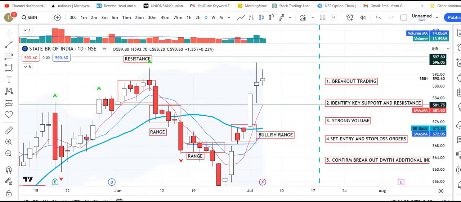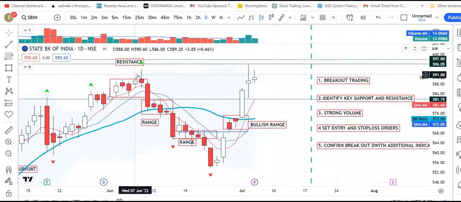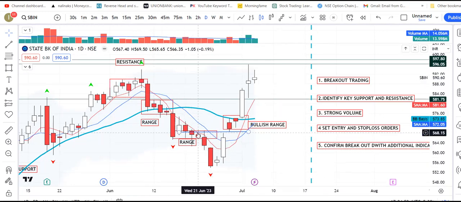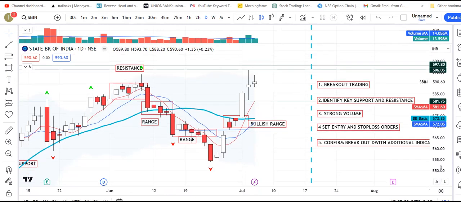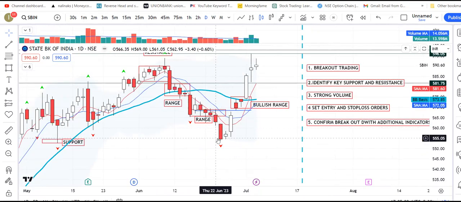I have taken the help of the Bollinger Band also, so that some trading strategies can be done from the upper Bollinger Band to the lower Bollinger Band. Again it fell and underwent range consolidation and breakdown. Finally, it has come to the lower end of the Bollinger Band.